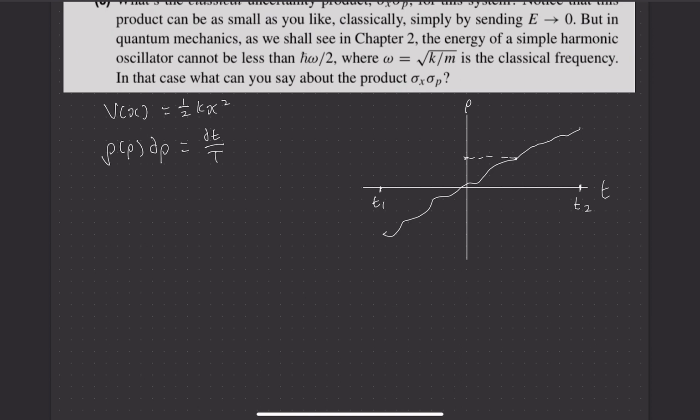Let's just call this P1. Basically, we're saying that the probability that the momentum is this P1, so it's within this dp, is the same as this dt all over T. So the amount of time that the momentum is at that value divided by the total time.